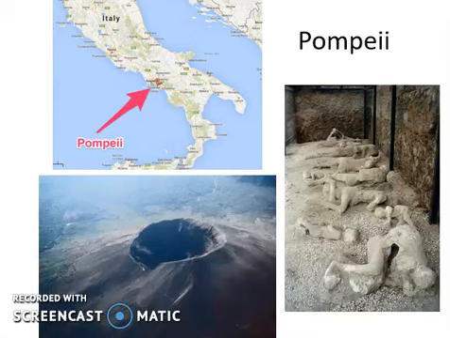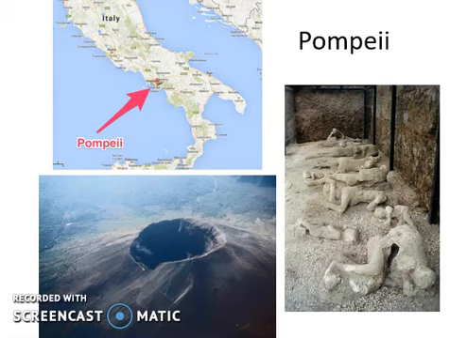Another important thing to note about the early Roman Republic that we won't have a chance to talk about at any other point is Pompeii. You may have heard of Pompeii before, and there are some really great videos out there about Pompeii. But Pompeii is, or was, an area with a volcano, and there was a city at the base of this volcano.